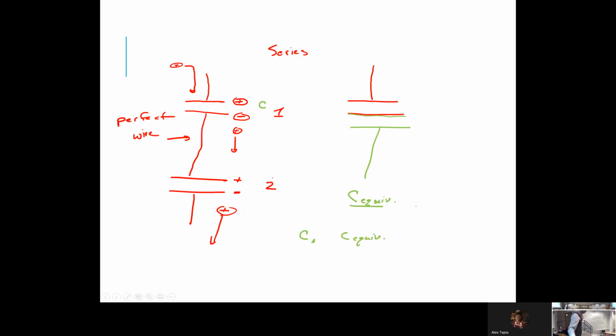Is the equivalent capacitance greater? Is it less? Is it the same? How does the equivalent capacitance, the two capacitors in series, compare to the capacitance of just one of the capacitors?